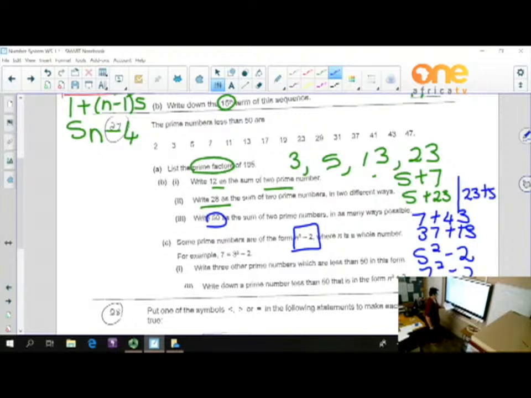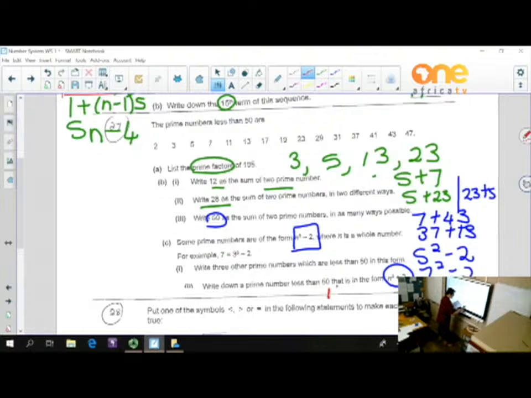And then write a prime number less than 50 which is in this form. Now look there, now it is plus 2, a prime number which is n squared plus 2. This is error and trial. There is no formula there to get it out there.